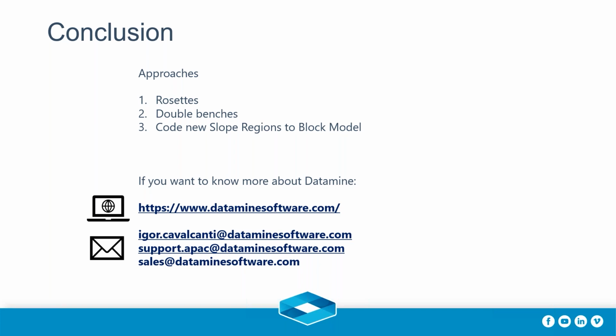We also use the approach of using double benches. So then you can go to the defined slopes, alter your catch berm, and set it as 0, and then you don't necessarily have to change the bench heights. And the third approach would be, if you receive some zone solids, how to code it to your block model.